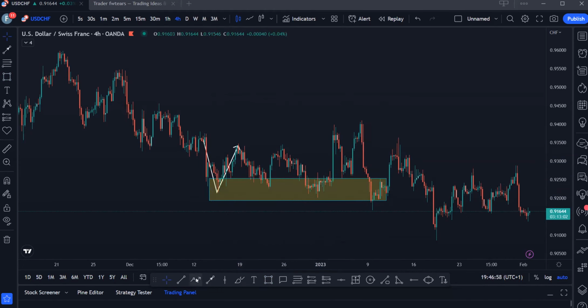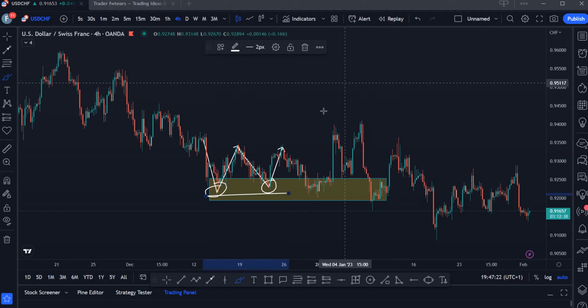Okay, what did the price do? Price came back down into that zone, right? So now what do you have? A support.